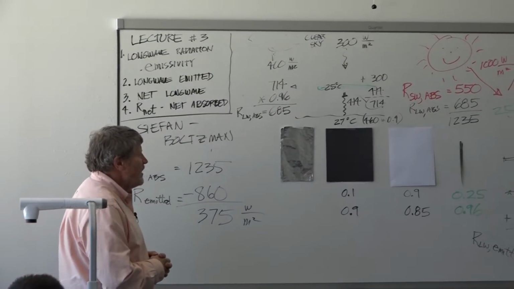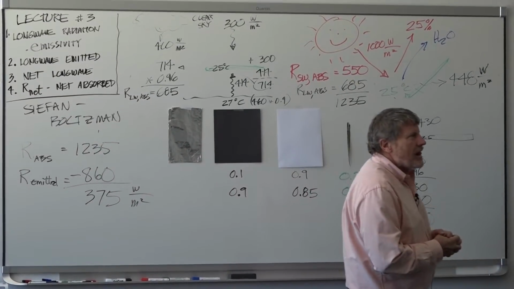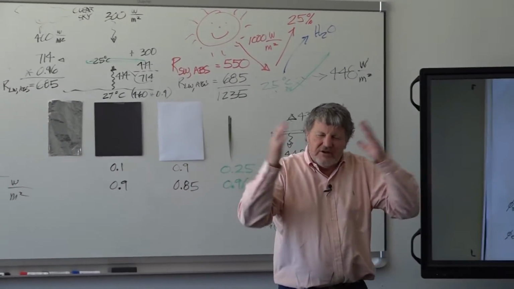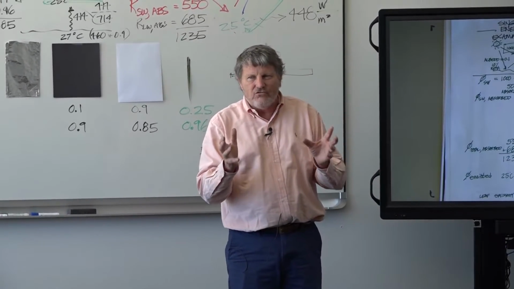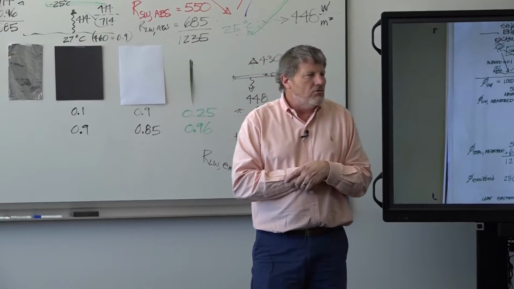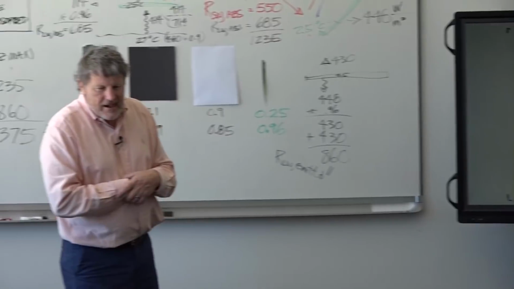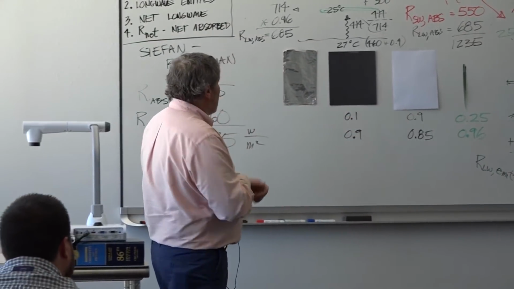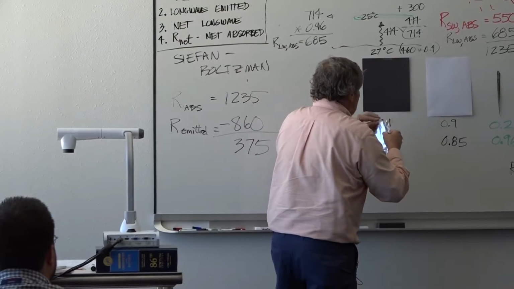So I'm thinking about this and teaching it over the years, and I'm thinking about how do you give examples to drive home the power of long wave radiation. Let's see, I'm going to take these down. There's more room up here.